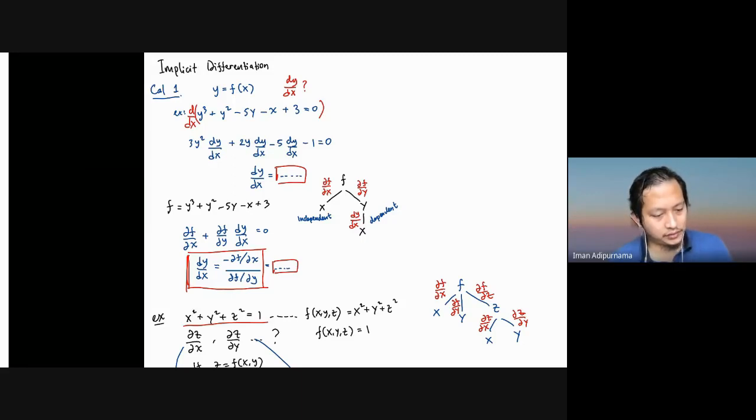Yeah, we still have 14.6, 14.7, and 14.8. That will be the last part of chapter 14, and we can move to chapter 15 afterwards. I hope in at least next week we can finish chapter 14 and move on to chapter 15.